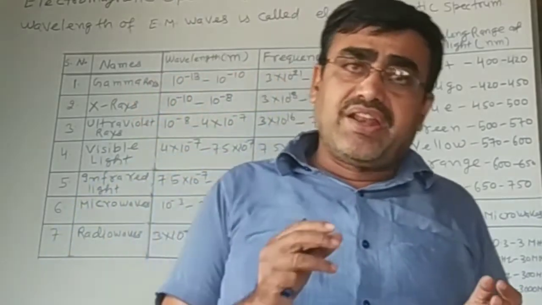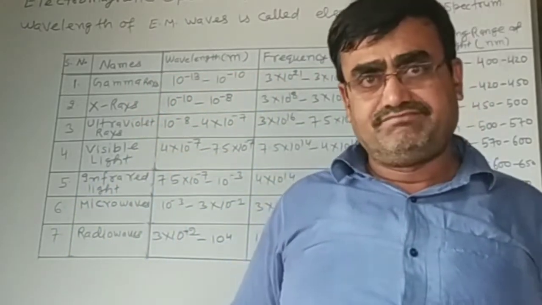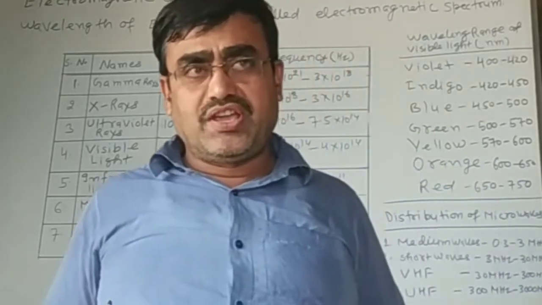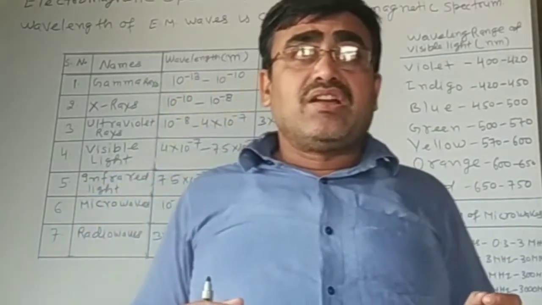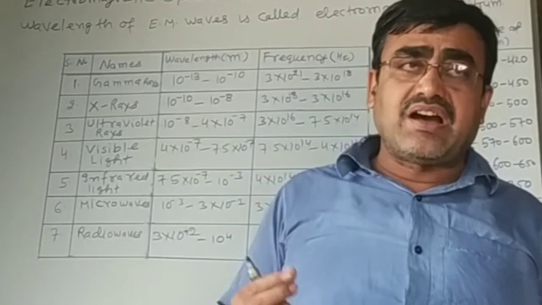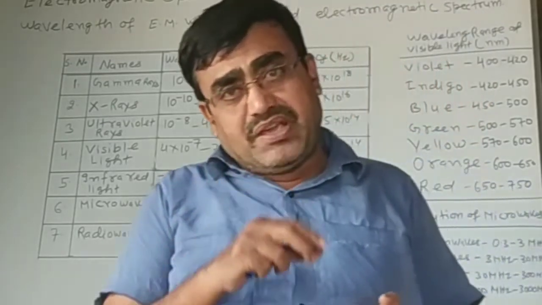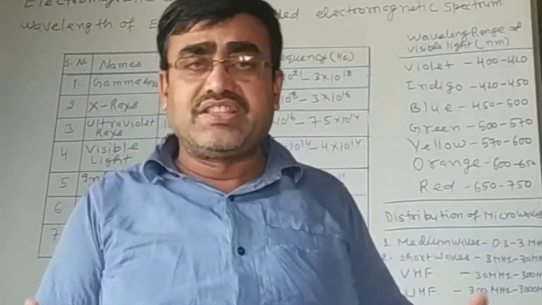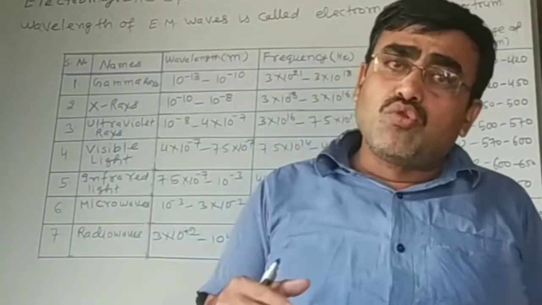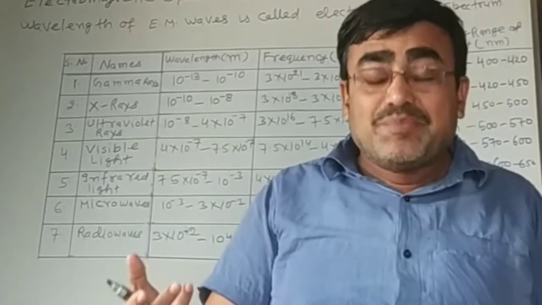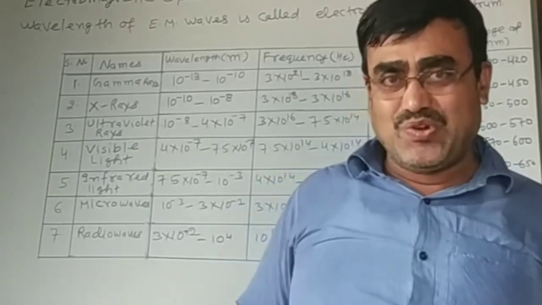The sun radiates infrared rays. And when you heat an iron rod or any other metal rod and it becomes red hot, then it automatically radiates infrared rays.